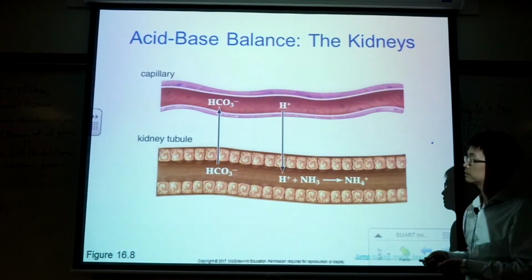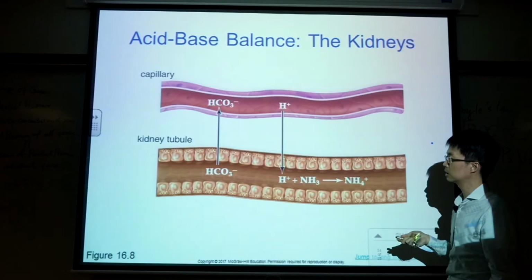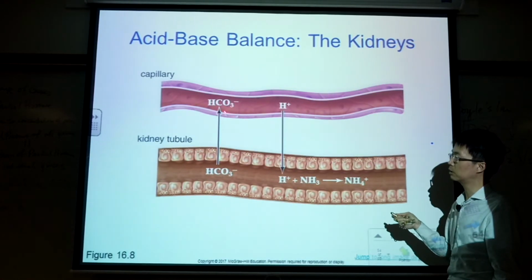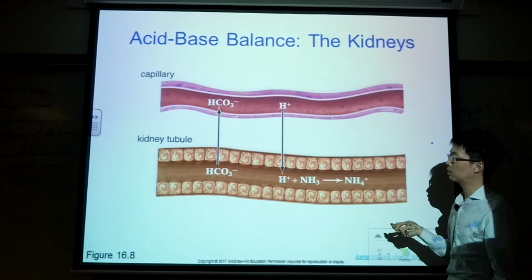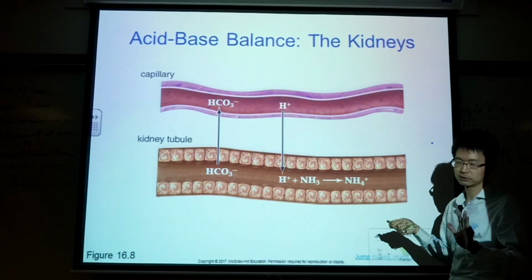So here you can see the graphical representation, your kidney tubule. Here from your kidney tubule go into your blood, we call this secretion, or if it occurs in your Bowman capsule, we call it filtration. So the bicarbonate ion can, sorry, I mixed it up.